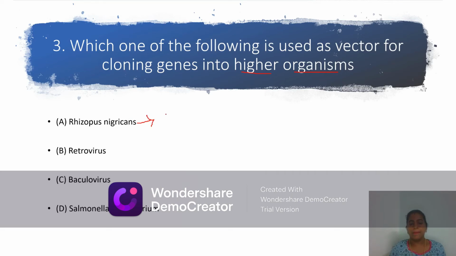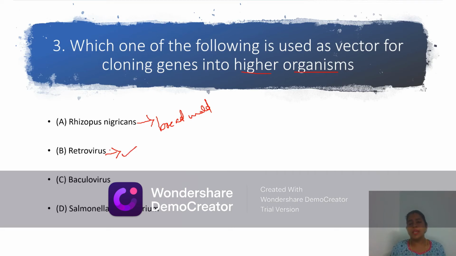It is a bread mold, a fungus. Fine. Retrovirus will insert their genetic material and, using the enzyme reverse transcriptase, will make DNA. That DNA will become part of the host DNA. So this is the right answer.